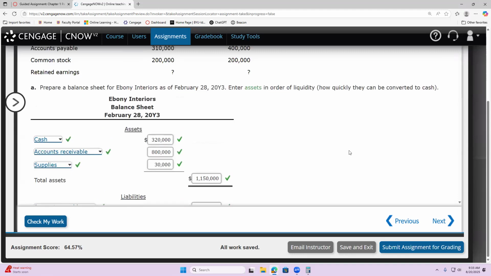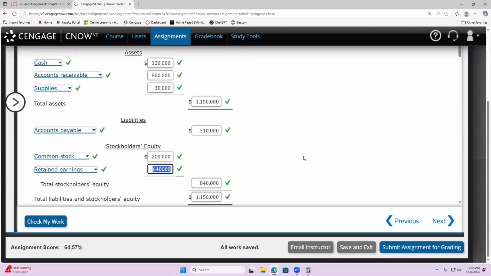Also, just as something to get used to with accounting, the end of one period, so last day of February, is also the beginning of the next period. So if we're like, I don't know what the beginning of March was. Sure you do. It was the end of February. Same thing. Okay. So at the end of February, beginning of March, our retained earnings was 640,000.